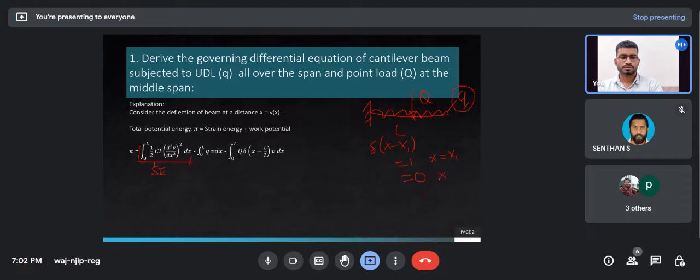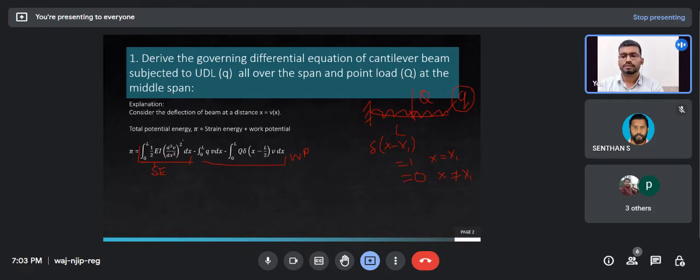For other x values, this will be 0. So for the point load also we can write the work potential in an integration form.